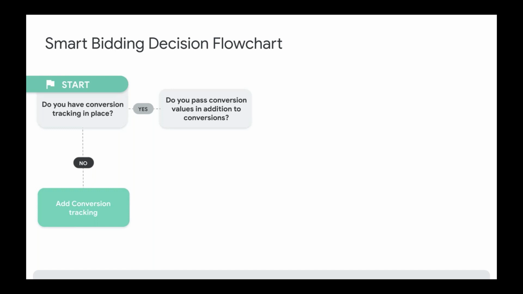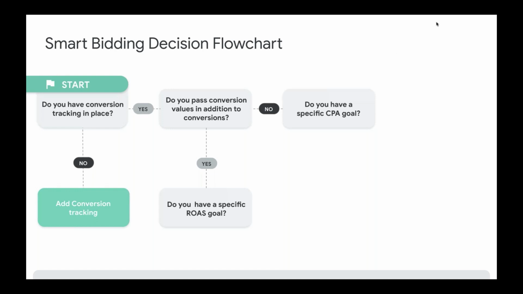The way to think about this is, if you're an e-commerce business, for example, are you passing over the transaction value of each single transaction? If you're doing this, then we can take this into consideration and bid higher for people that are likely to purchase higher value items or higher profitability items for you.